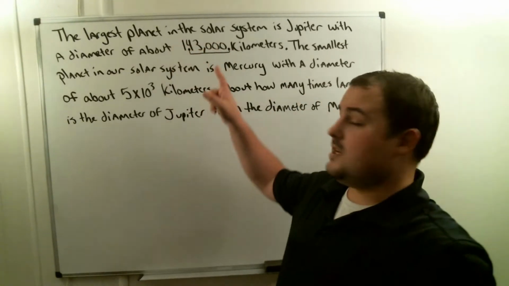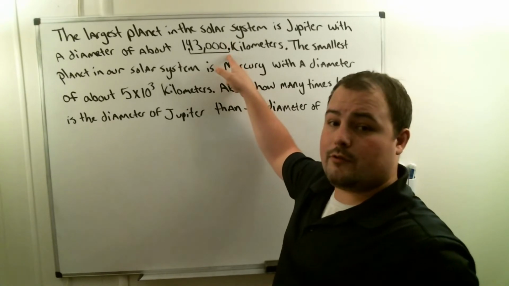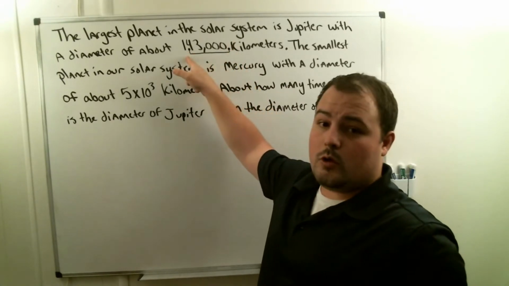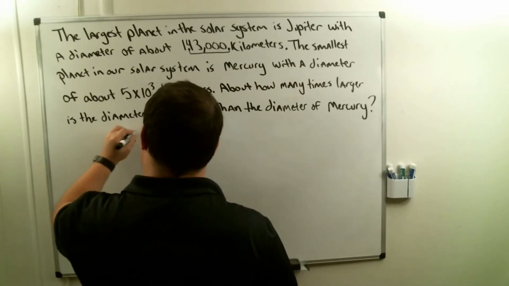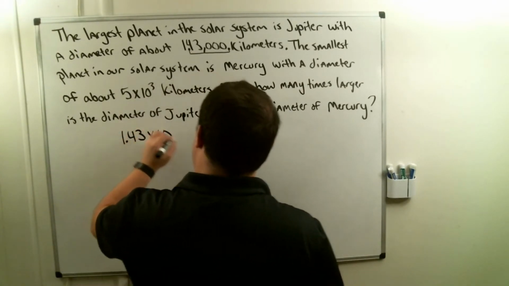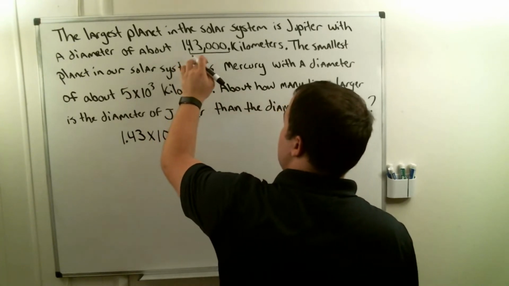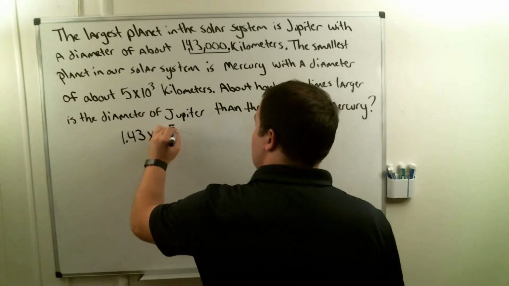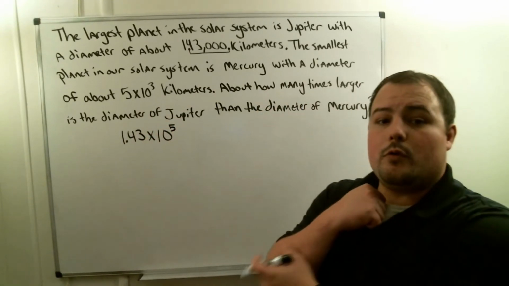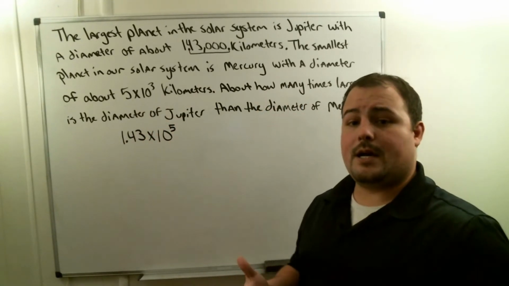So I'm going to move the decimal from behind 143,000 to between the 1 and the 4. So I'm going to write 1.43 times 10. And how many times did I move the decimal? 1, 2, 3, 4, 5. So this is 1.43 times 10 to the 5th power.